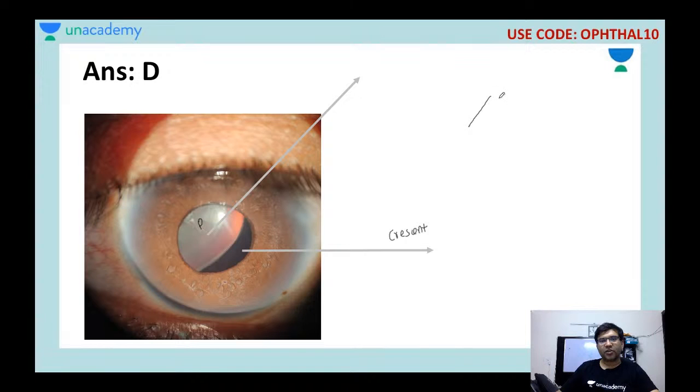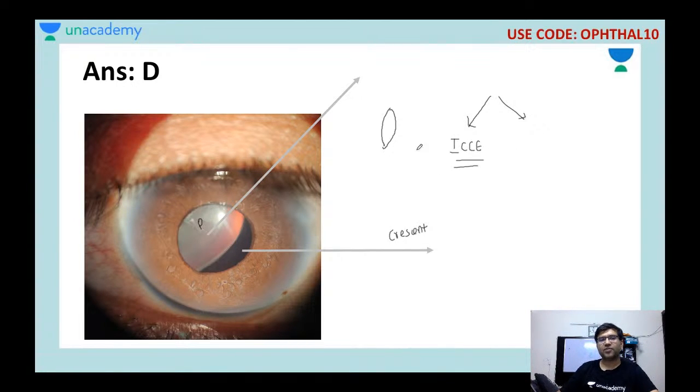The treatment of ectopia lentis you can do in two varieties. First, you can remove the whole of the lens with its capsule. When I remove the whole lens with its capsule, I call it ICCE. Have you ever heard the name? Intracapsular cataract extraction. This is the ICCE.